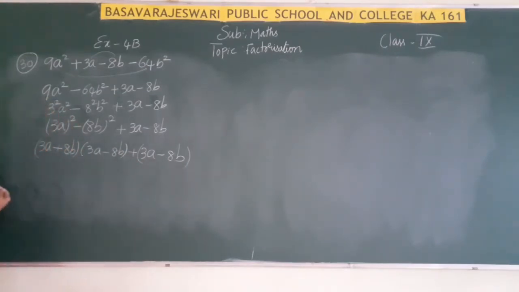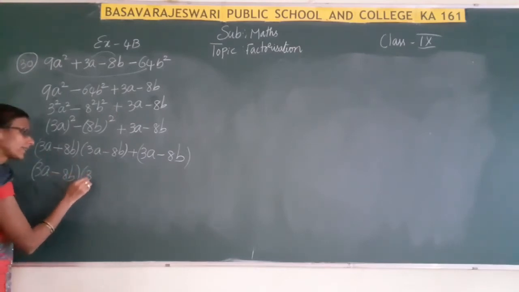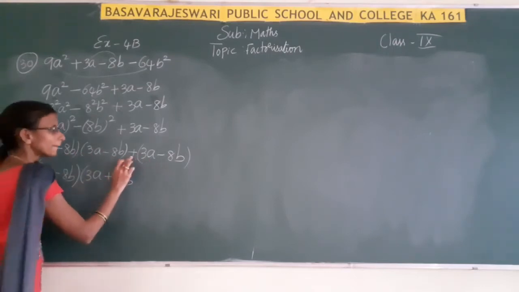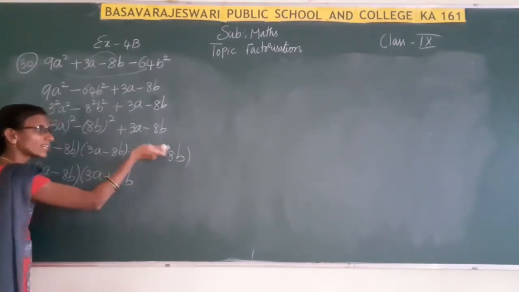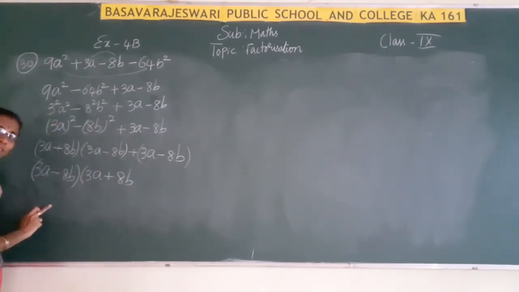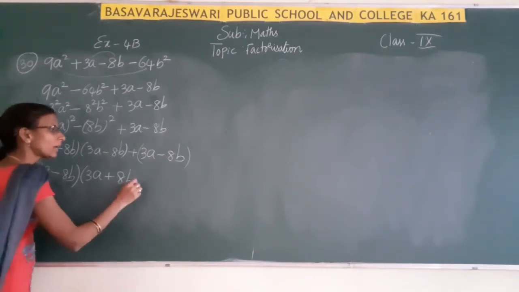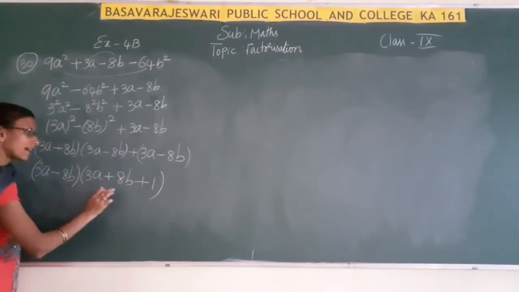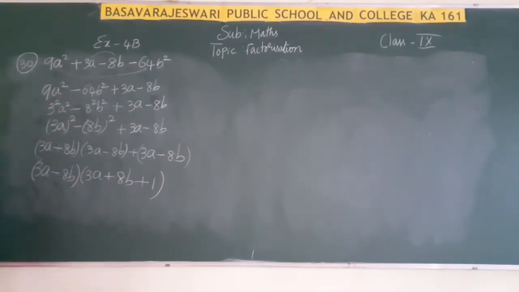Okay, so that we will take out. (3a minus 8b), if we take it out, here what will be there? (3a plus 8b). See, this 3a minus 8b we have taken out as a common. So what will be remaining? Plus 1. Okay. So these are the factors of this expression.